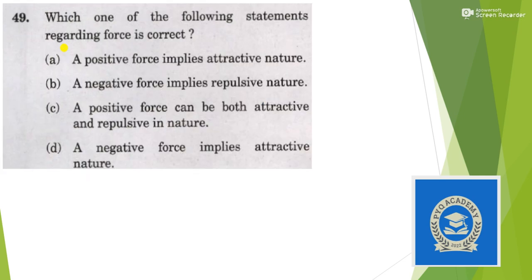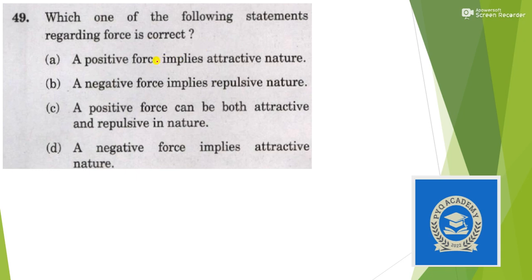Next, which one of the following statements regarding force is correct? Yes. Now in this question I am going to give you a practical example of how you can reach the answer without having any knowledge. In this question the options are set in a way that you can eliminate. Now read the options carefully.